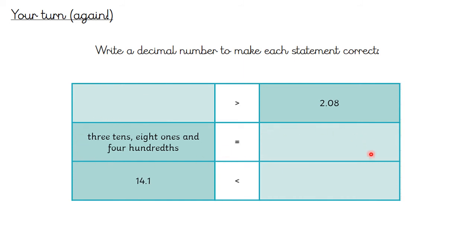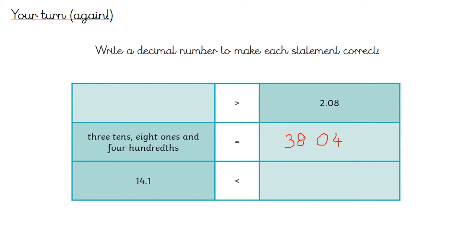And in this box, this number is equal to, so there is only one option here. It would be 3 tens, 8 ones, decimal point, 0 tenths, there's no tenths, and then there are 4 hundredths, so 38.04.